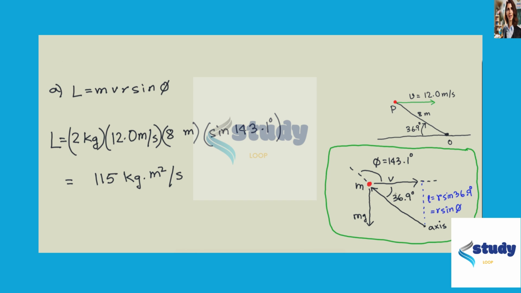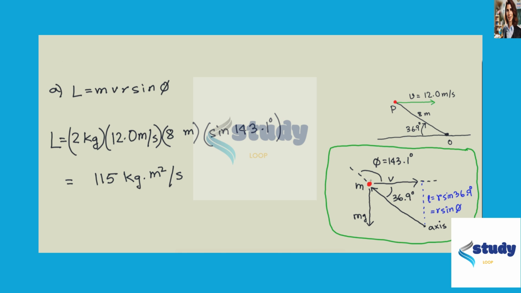Then we have the velocity, and since the rock is in air, mg is acting downwards. Now since this line and the green line are parallel to each other, this angle is equal to this angle.